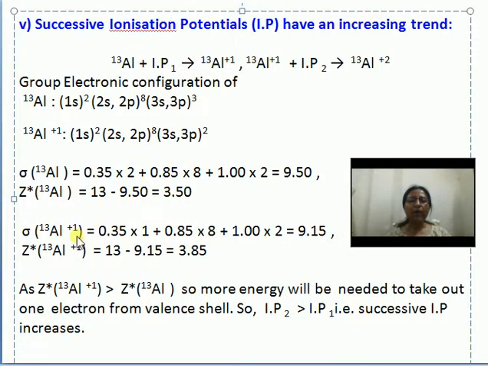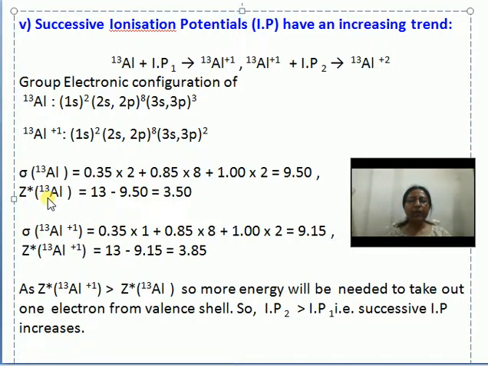Now coming to aluminium plus 1. Here the sigma value we have got is 9.15, and the Z star value for aluminium plus 1 will thus be 3.85. Looking at this Z star value, we can say that the Z star for aluminium plus is more than the Z star for aluminium.